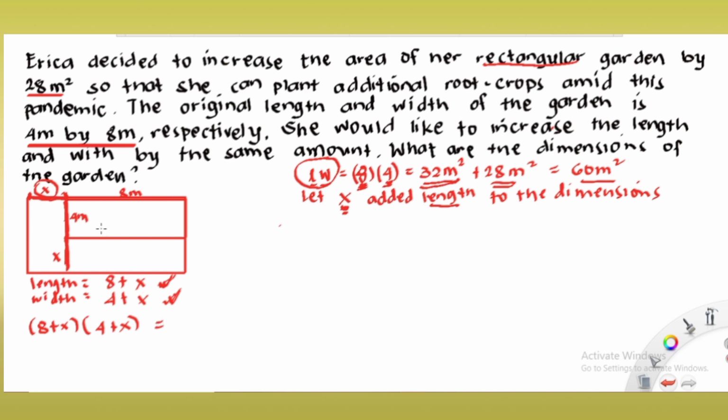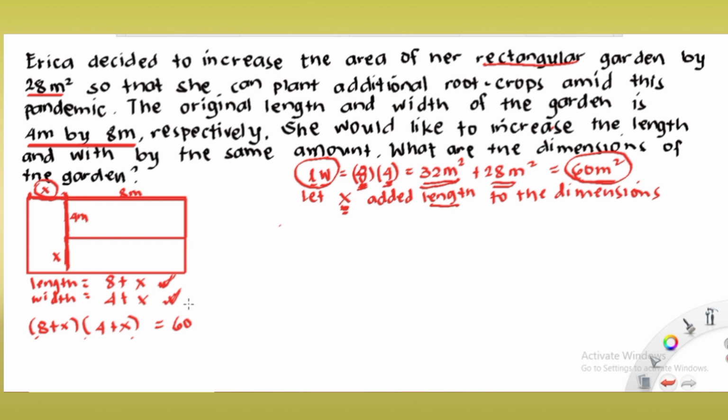And the answer will be, so again, yung bagong length times the bagong width. Okay? That is equal now to 60 meters squared. Nauna na nating sinolve. So, 60.